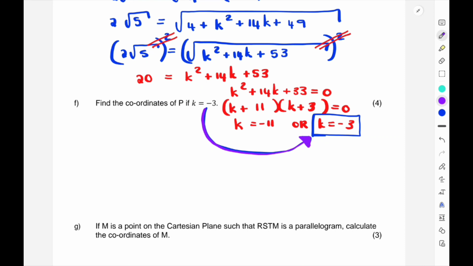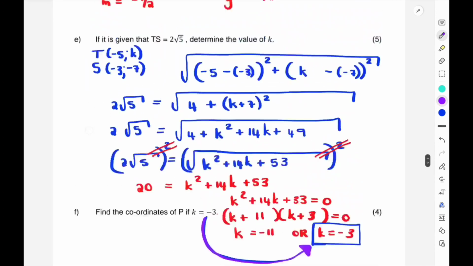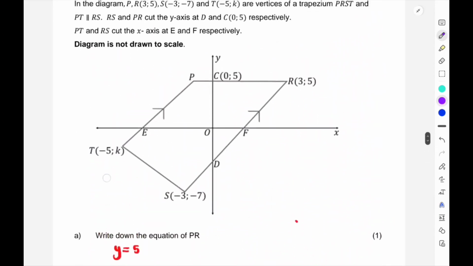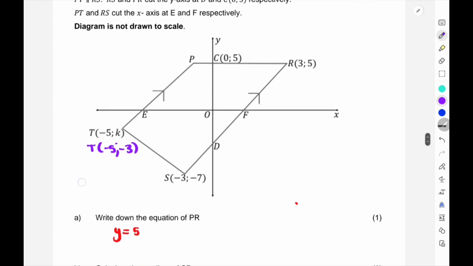Okay, then they said find the coordinates of P, if T is (-5, -3). So what we do know is that they share the same y value because they're all on a straight line. So I've got x and 5 over there.